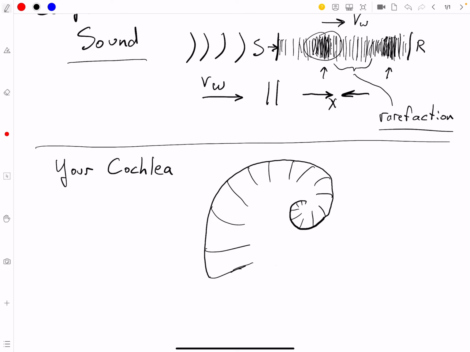The sound comes in. This is the wavelength. That wavelength is the size that the hair has to be to naturally work with it. So that sound comes all the way in.